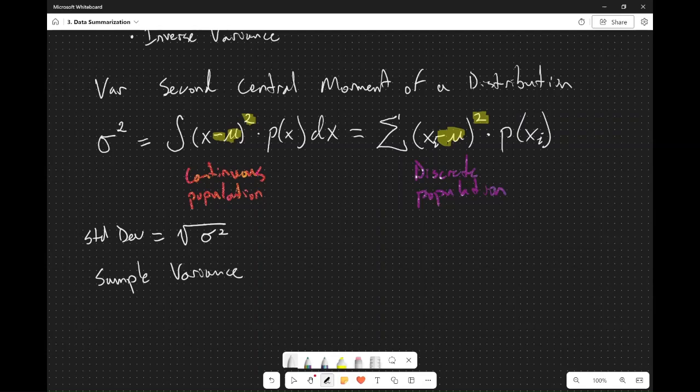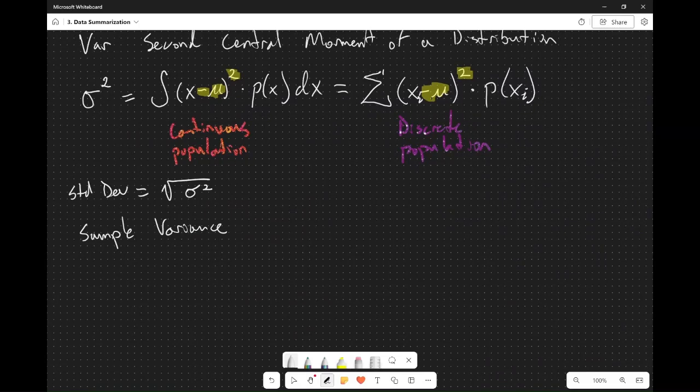Again, we're going to denote this as s squared. And just like we did before with the mean, we need to assume a random sample. The reason we need to assume a random sample is that we need the probability of selecting an individual in our sample to be equal between all individuals. So now I can do 1 over n minus 1 degrees of freedom times the sum of x minus x bar squared.